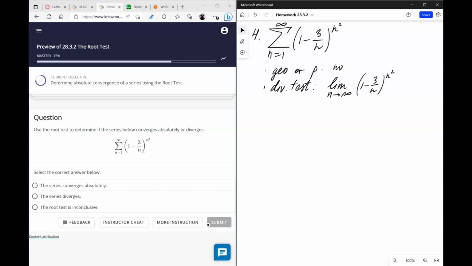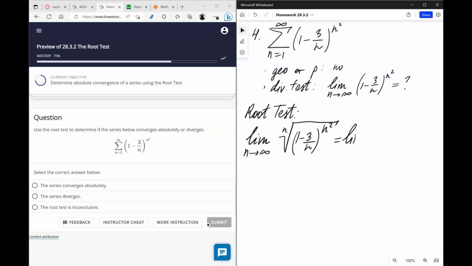And I have a feeling that the divergence test may not be conclusive here. So when it's hard to find this limit, we bypass this, and now we are asked to do the root test. Normally it may not be your first choice, but here we are asked to do the root test. So we're going to set up the limit as n goes to infinity, and we're taking the nth root of 1 minus 3 over n to the power n squared.